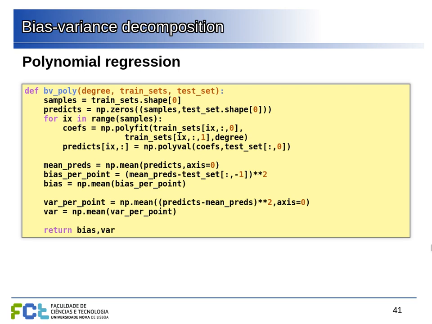So for each of the samples we obtained by bootstrapping, we're going to fit one curve, one polynomial of some degree that we get from the argument, and then we're going to compute the predictions on the test set.